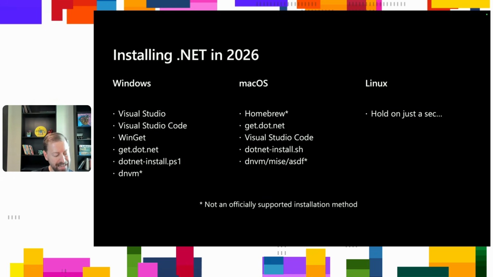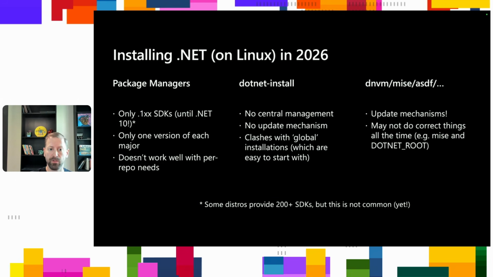And we're about to get even more complex as we enter the world of Linux distributions. You have a bunch of different ways, those same three categories of package managers, the .NET install scripts, and then the manual installation tools. But this is coupled with the fact that for the package managers, there's been this long arc of history where sometimes Microsoft provided packages for your package manager, and sometimes your distro provided packages for your package manager, and sometimes you had both.